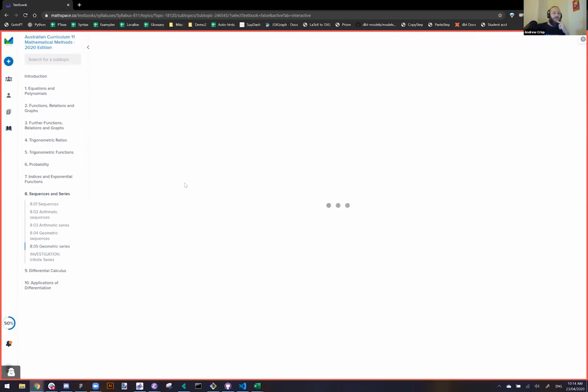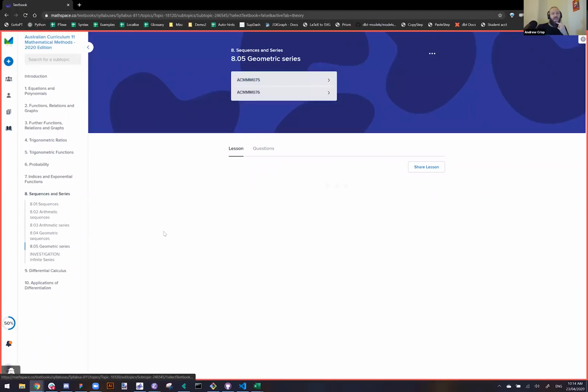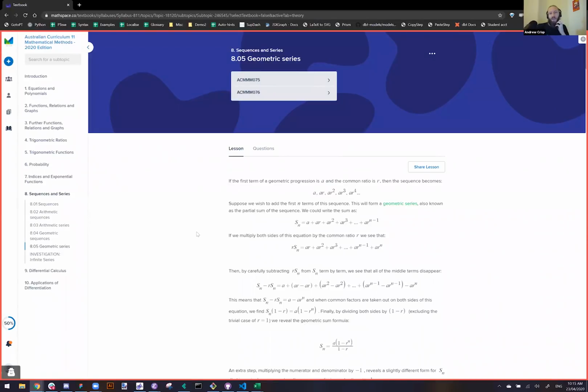So I always like to start by looking at the lesson so we can see what we're in for. So I'm going to assume that we've already learnt about series in an arithmetic context.